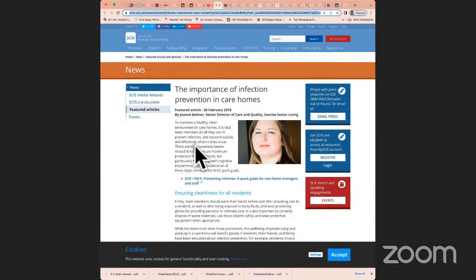And I am taking a specific example of a care home, because when it says health and social care setting, that means you need to take an organization within this context. It could be a care home, a surgery, a hospital, any sort of setup, but it can't be done generically for a health and social care setting. It has to be a particular setup. So this particular article talks about the importance of infection prevention in care homes.